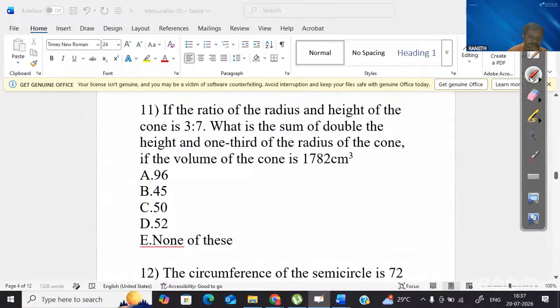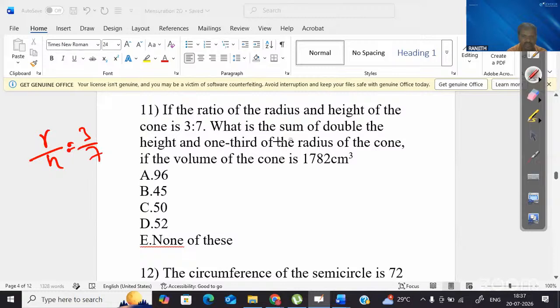Next one. It is given the ratio of the radius and height of cone will be equal to 3 by 7.